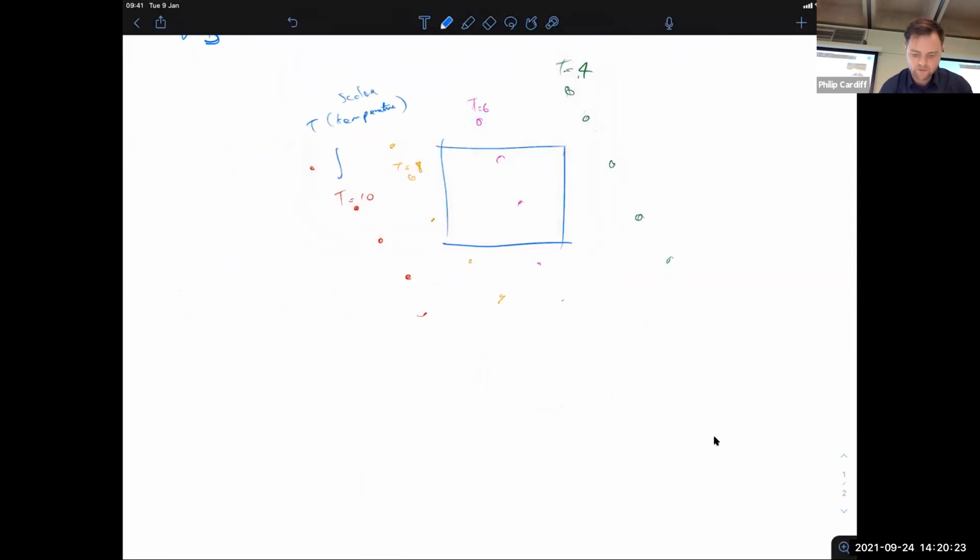So if I want to calculate the gradient just in this little area here, this little box, what might I do? Well, I could just look at the temperature on the left and look at the temperature on the right. And then I could just say that the gradient of the temperature in the x direction is the temperature at the right minus the temperature at the left divided by the distance.